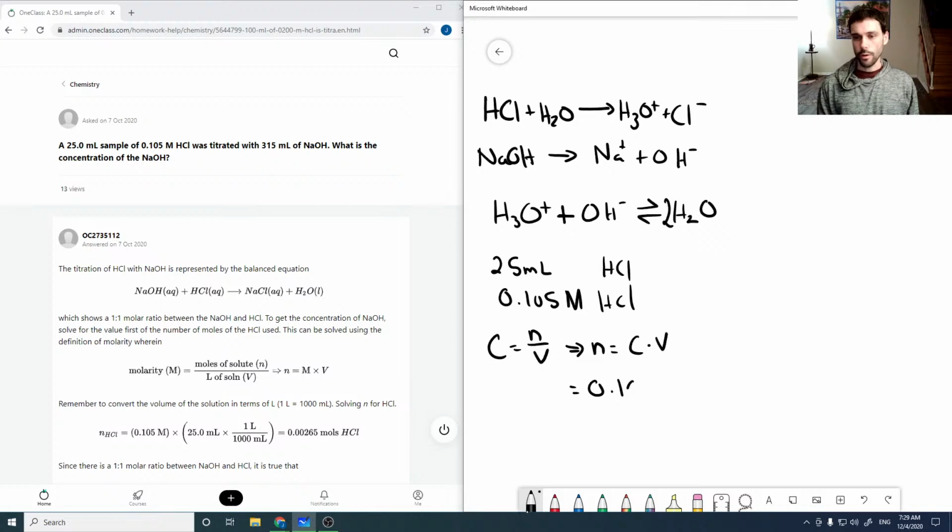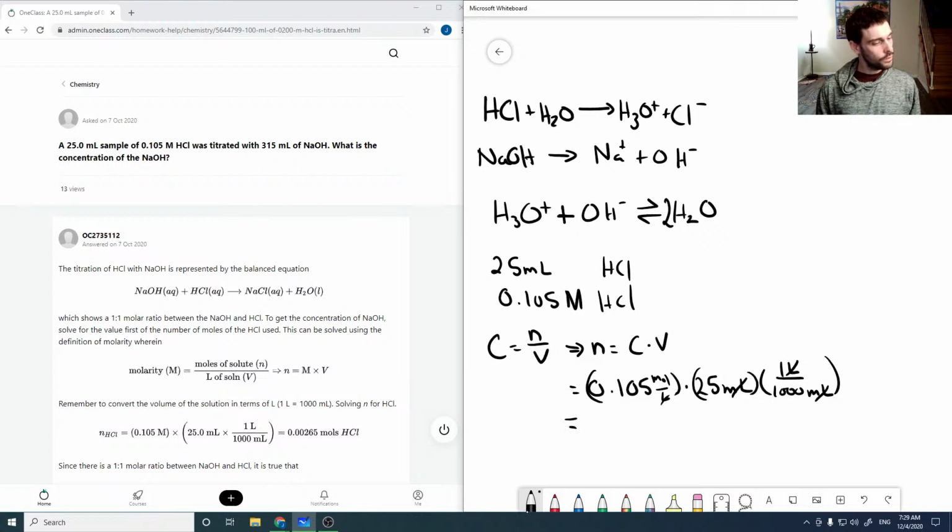So 0.105 molar times 25 mL times 1 liter per 1,000 mL. So the mL will cancel, and I should have written this as moles per liter. So then the liters will cancel, leaving us with moles.